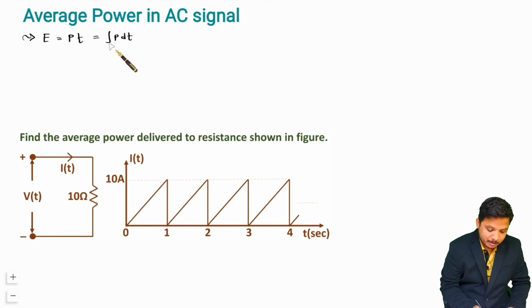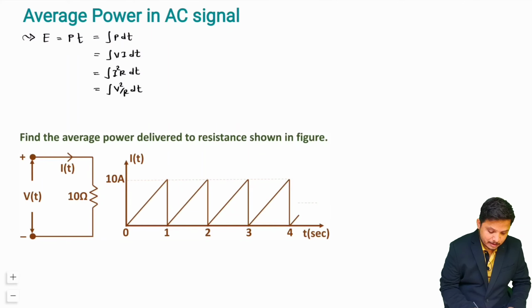So there can be multiple formulas: power P equals V into I dt, or in terms of I square R dt, or in terms of V square by R dt, right?